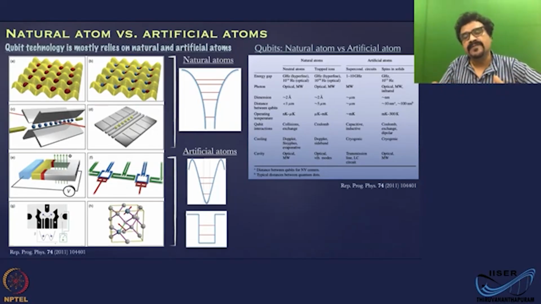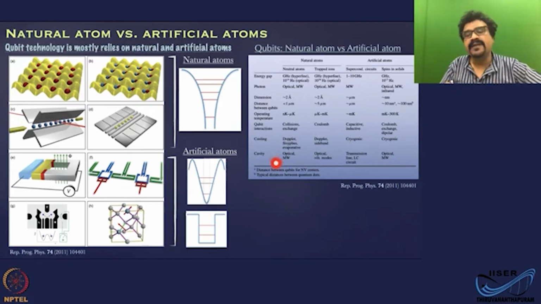Now, how do you get the system to the operating regime? Those details are here. As I told, these are laser cooling and trapping technology, whereas this relies on cryogenic technology.